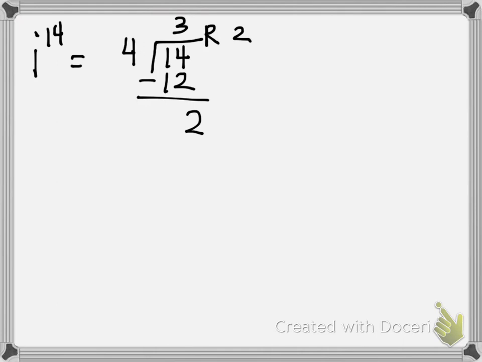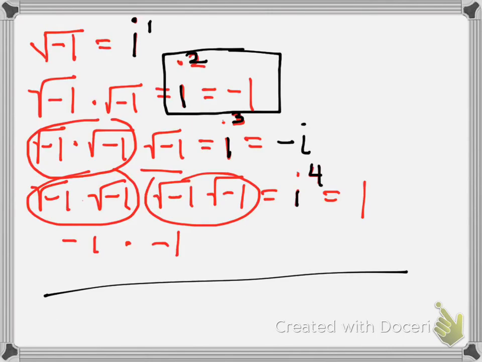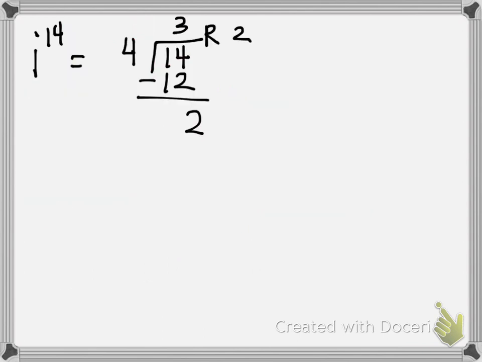So you go back to this pattern. You go through this pattern 3 times to get to the 12, and then remainder 1, remainder 2. So remainder 2 is i squared, so the answer is negative 1.